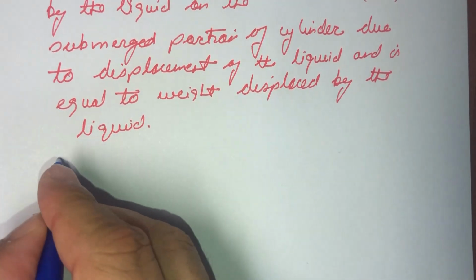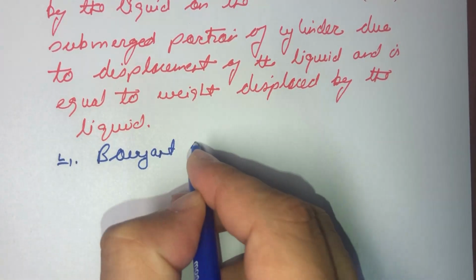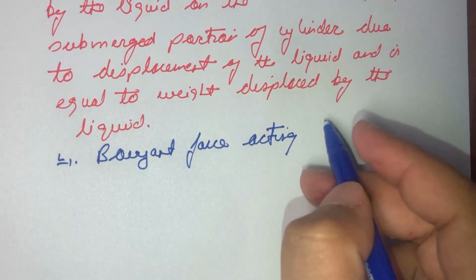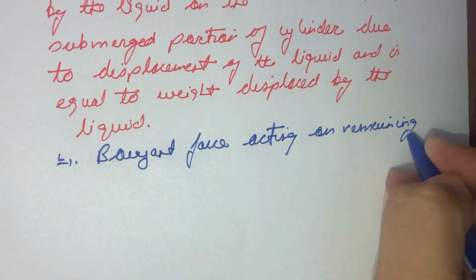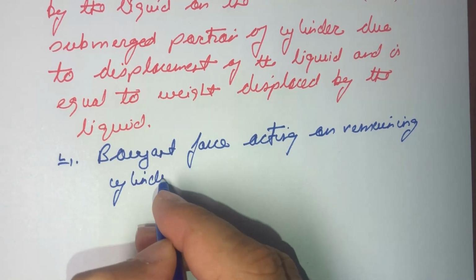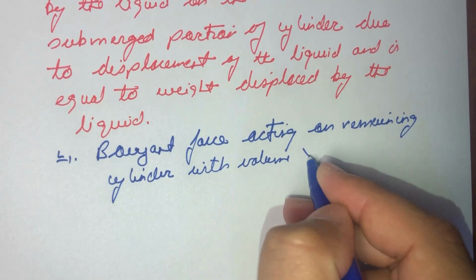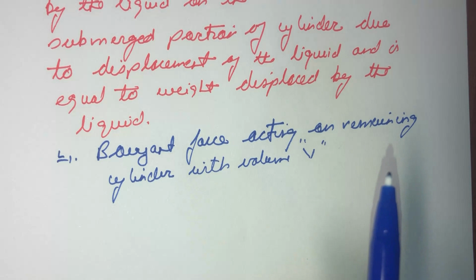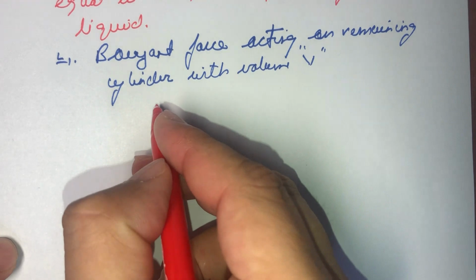So the buoyant force acting on the remaining cylinder with volume V, because after the hemispherical portion has been removed the volume of the remaining cylinder is V. Let us represent the buoyant force as FB.